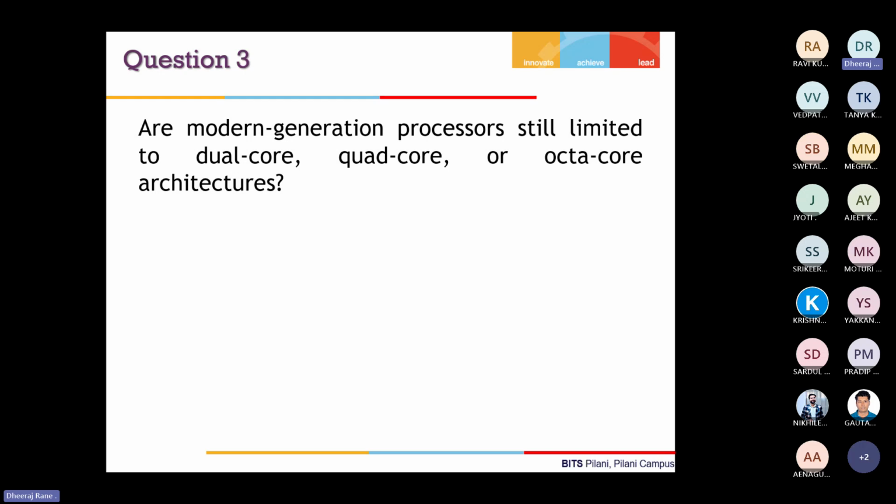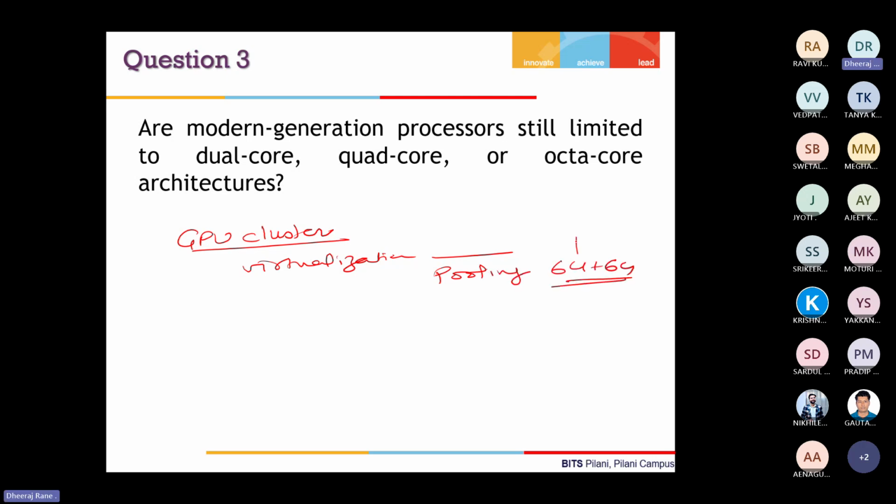In Xeon we have seen 64, and with the help of clusters, if we form a GPU cluster and use virtualization, we can have a system by pooling the number of cores. Right, so I can pool 64 and 64, and ultimately I can have a 128-core cluster.